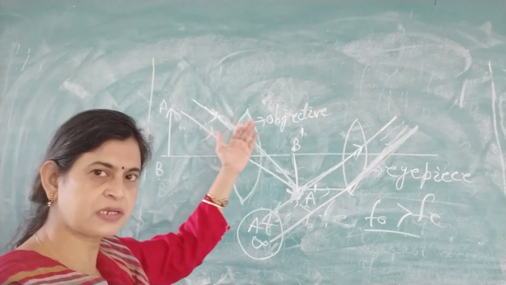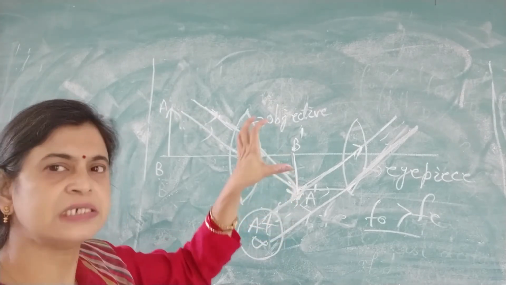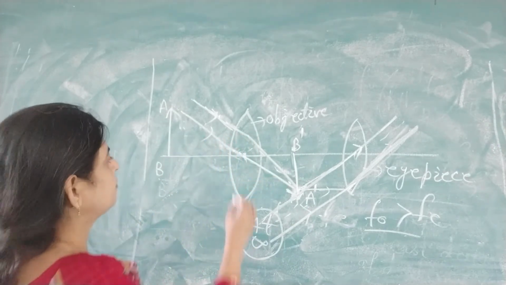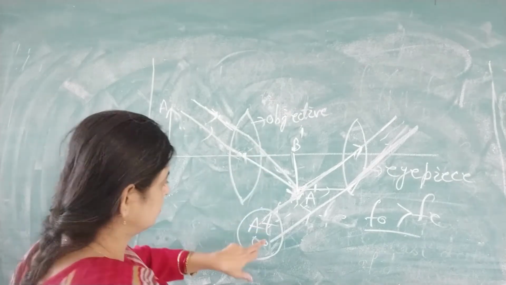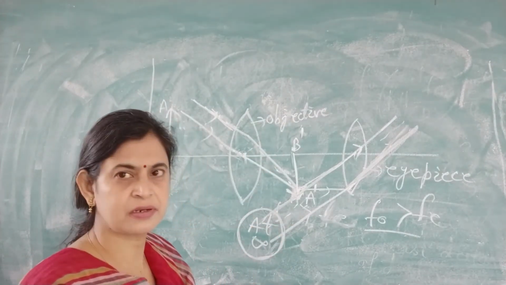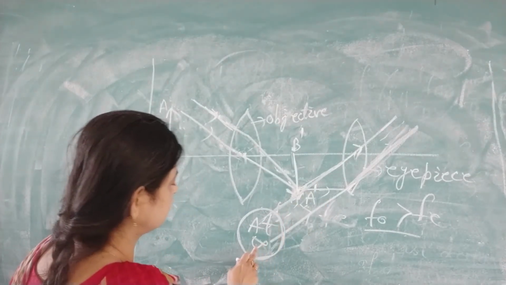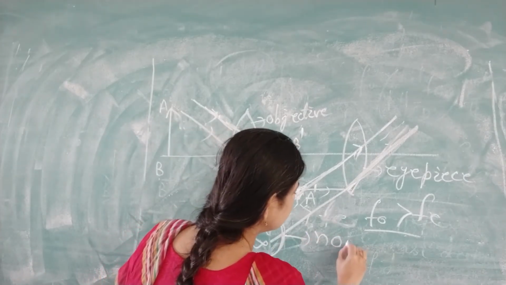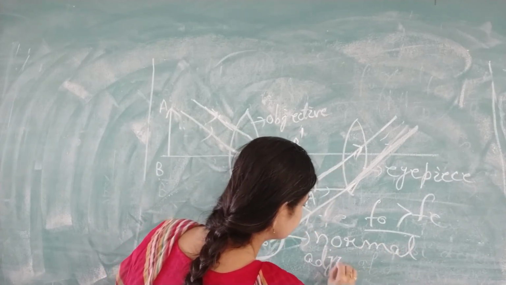In the previous case, the position of the image was at D. D means your least distance of distinct vision, which is 25 centimeter. But in this situation, for the same telescope, the image will be formed at infinity. This situation, when the image is formed at infinity, is also called normal adjustment.